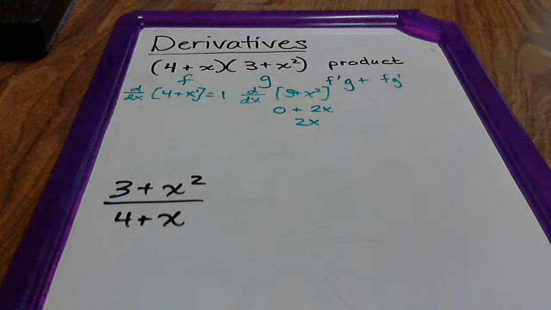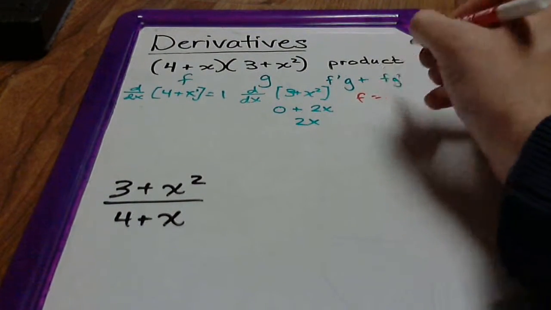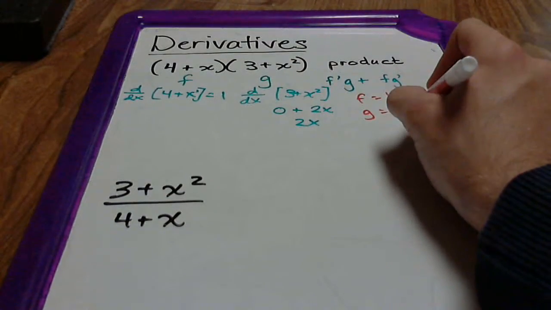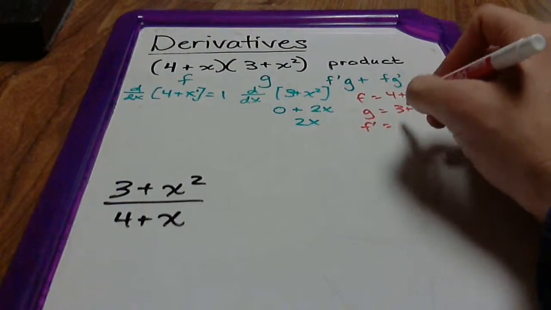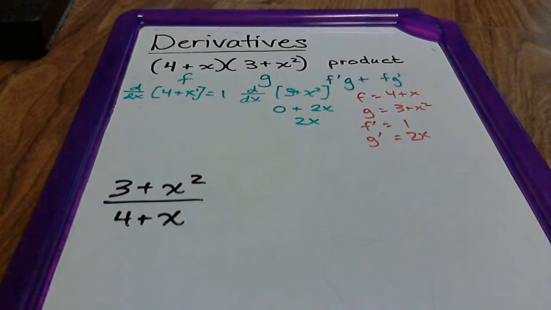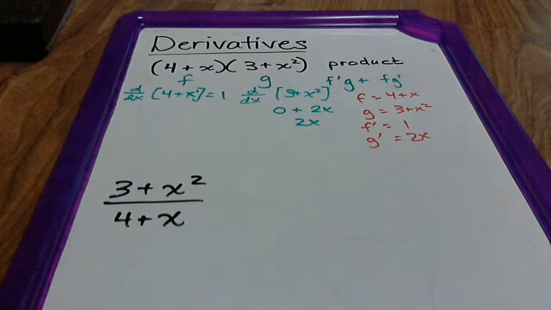So we know that f equals 4 plus x, g equals 3 plus x squared, f prime equals 1, and g prime equals 2x. So now we just put it into the formula.